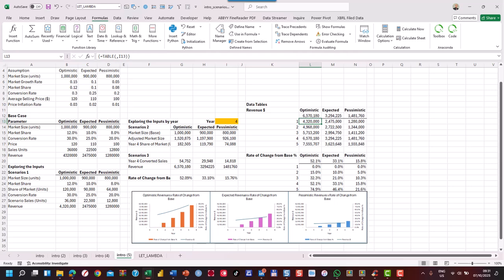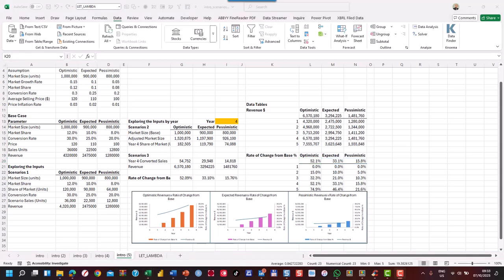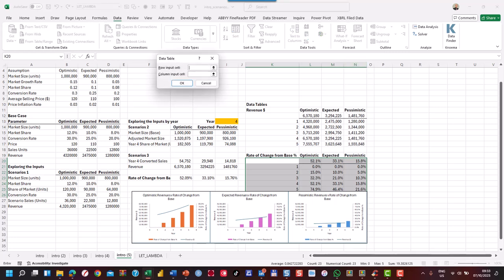There's the formula from down here, and there's the column variable to drive that table. In this data table, we're using the rates of change here, what-if analysis, data table, based on the rate of change, and I want to nominate the column input cell, which is again year 4.